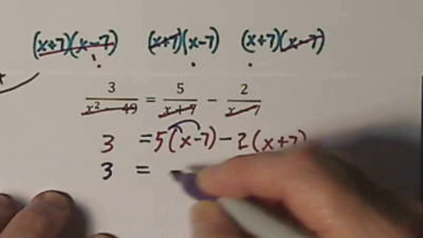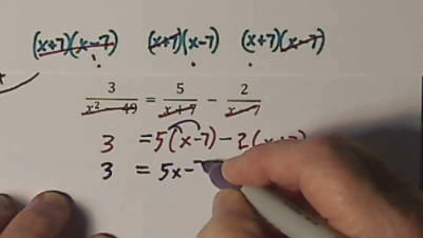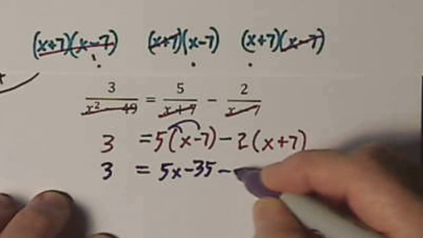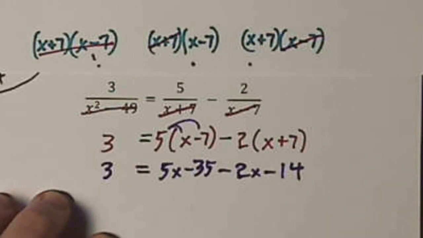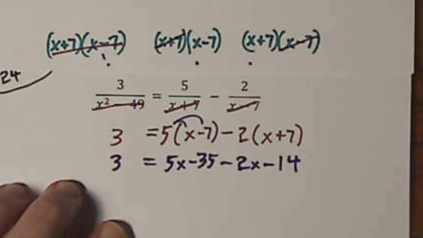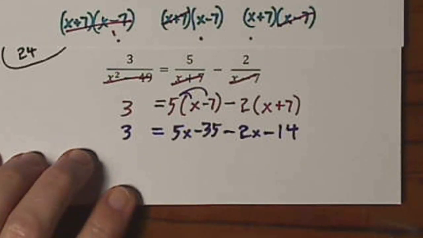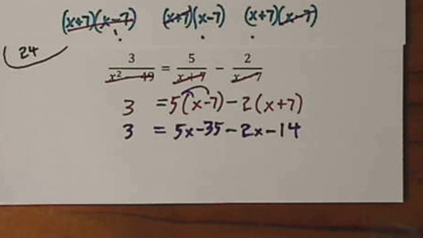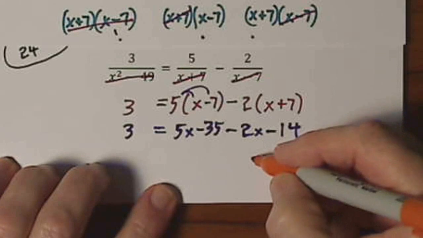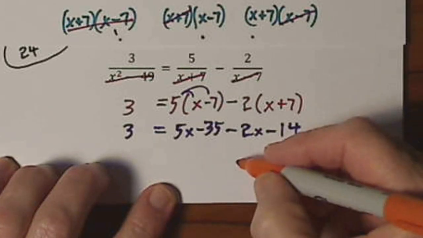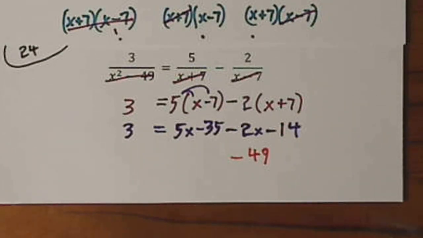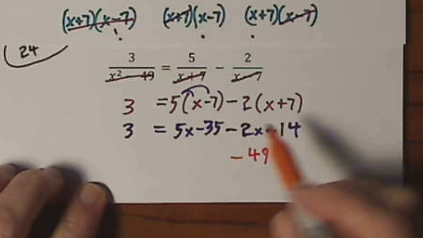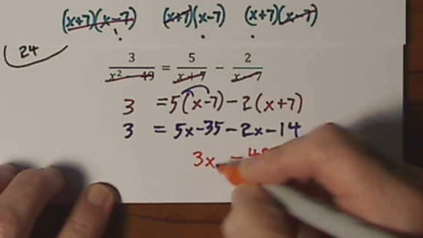So we'll have 3 equals 5x minus 35 minus 2x minus 14. And let's see what we can combine. The negative 35, negative 14 combine to give us negative 49. And the 5x, negative 2x combine to give us 3x.